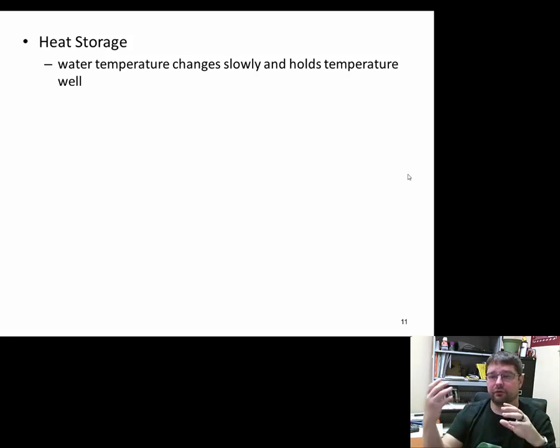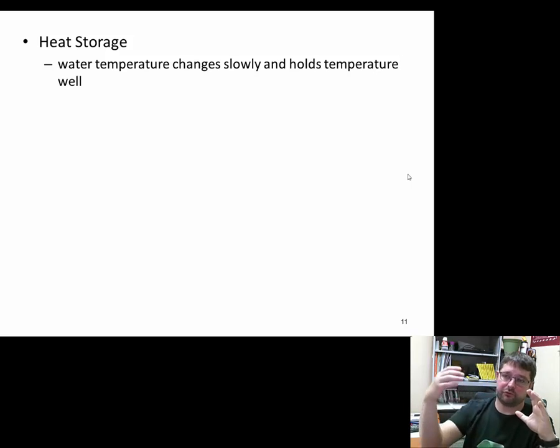When the solar radiation is coming in, the planet heats up really fast and gets super hot. Then when the solar radiation is gone, that portion of the planet cools down extremely fast and gets really cold.